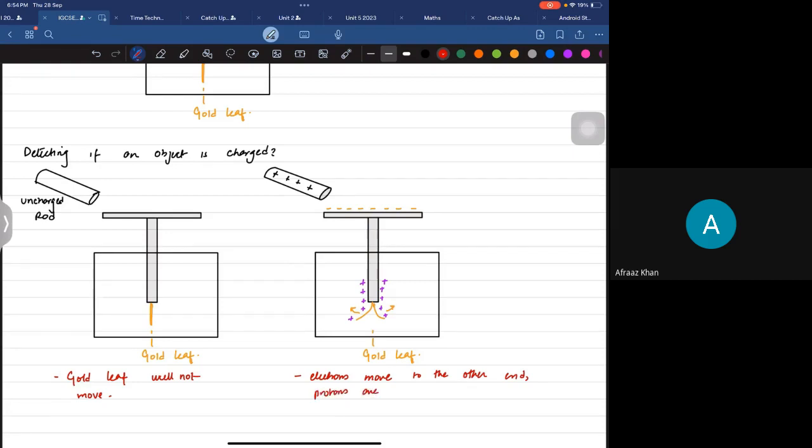Protons are left behind. Due to repulsion, the leaves basically move away from each other. Alright, kids, you can write this down and then you can go.